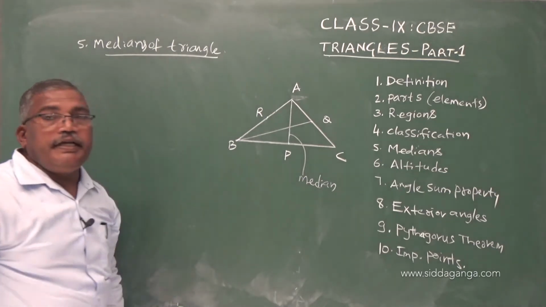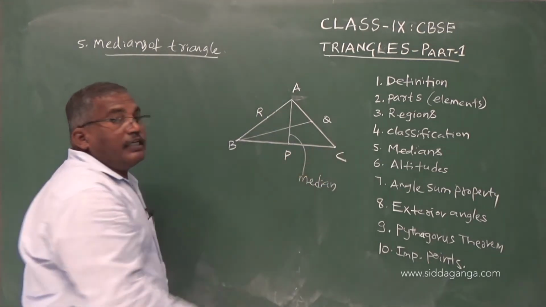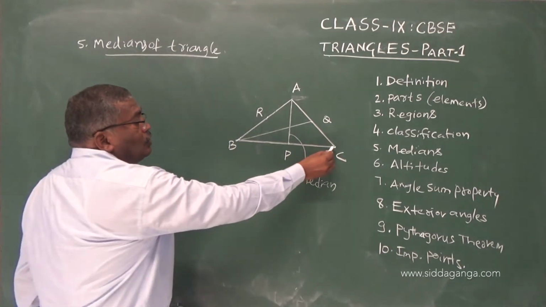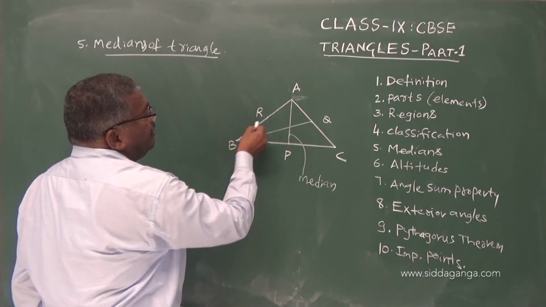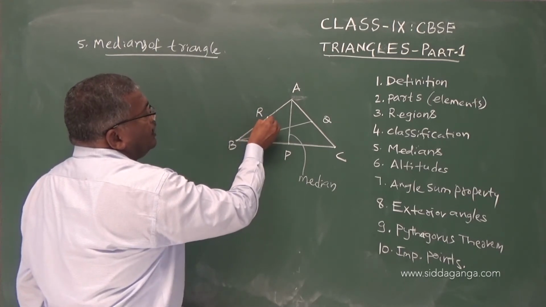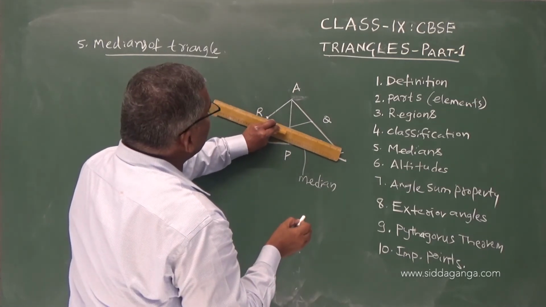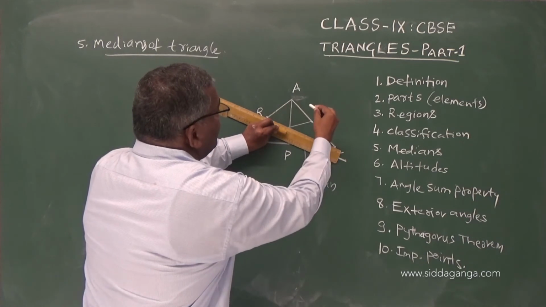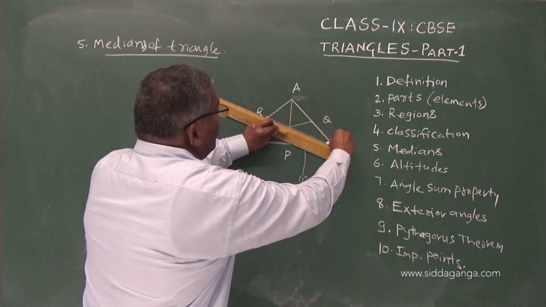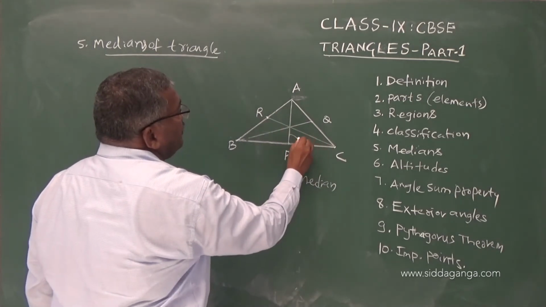Now, C is another vertex. For point C, the opposite side is AB, the midpoint is R. If I join point R with C, it is RC. So RC is another median.